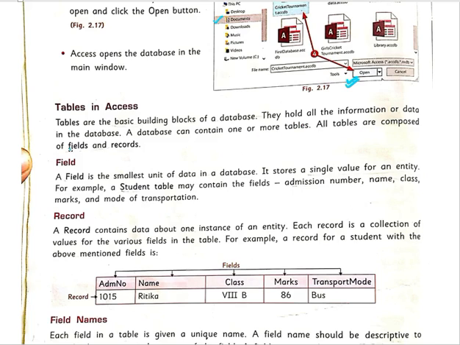Tables are composed of fields and records. We have already discussed fields and records. Records are the horizontal rows and vertical columns are the fields. In the previous video we covered fields and records.